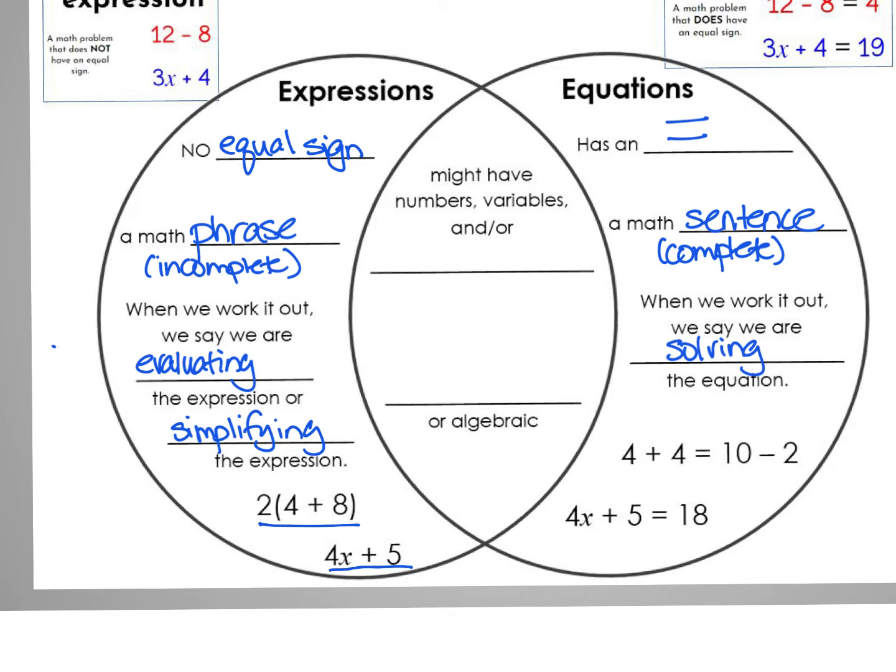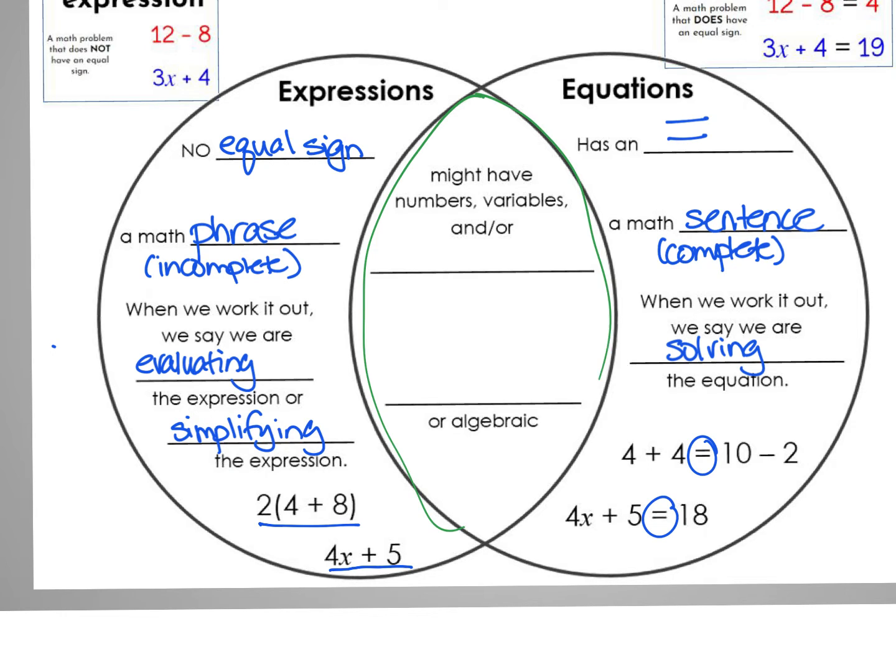Whereas over here on the equation side, we can see that it has an equal sign. So 4 plus 4 equals 10 minus 2, or 4x plus 5 equals 18. Both of those are equations because they have an equal sign. Okay? Now, the center part here is where we put the characteristics of both, right?